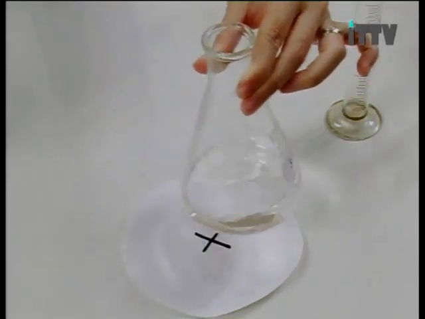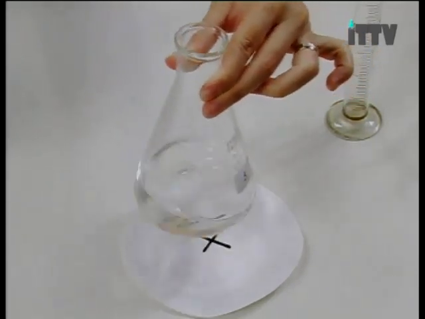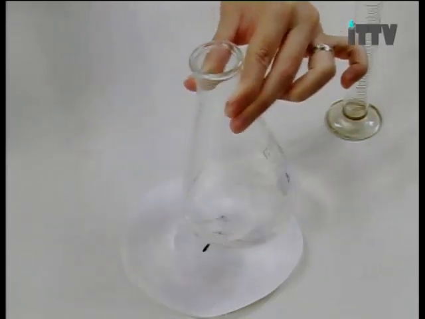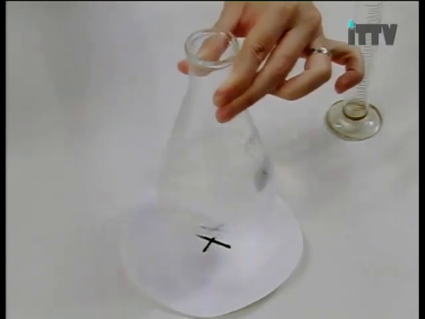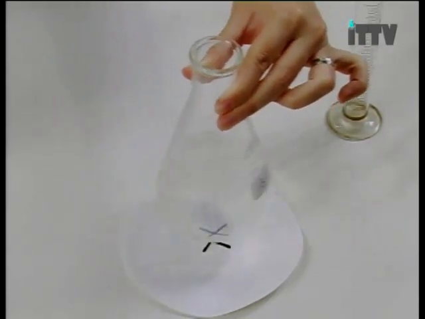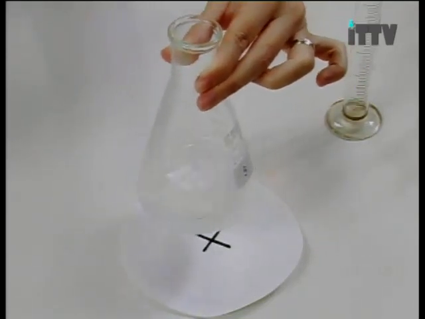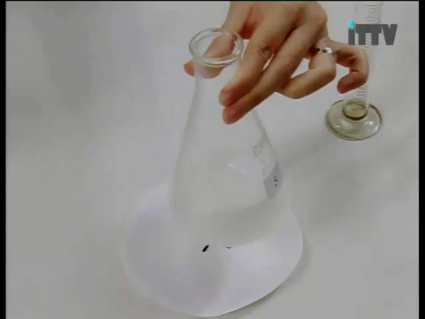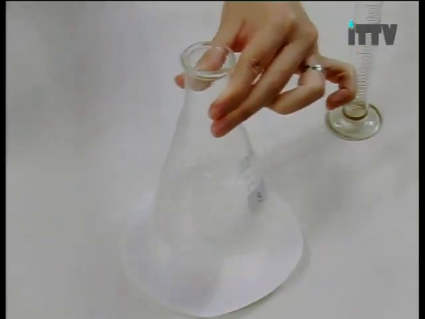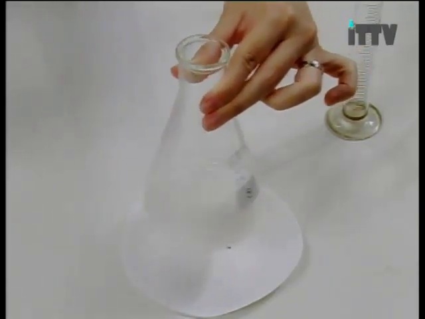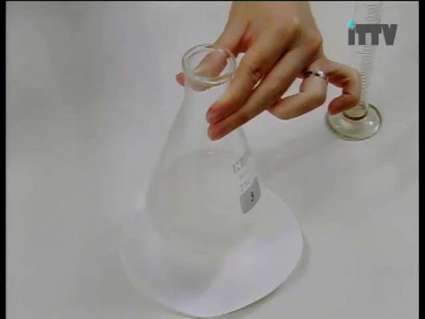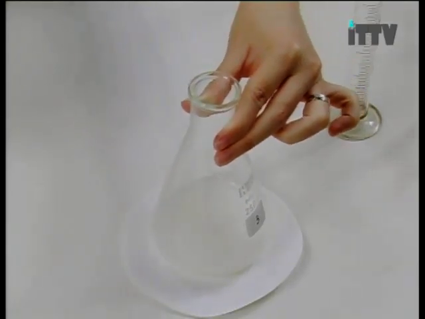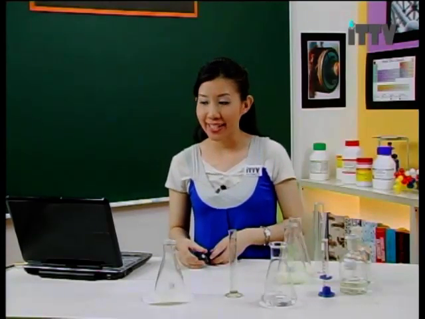This should take an even longer time because this is an even more diluted solution of sodium thiosulfate. You can see that the X is slowly disappearing. Okay, for this one, it takes about 27 seconds.